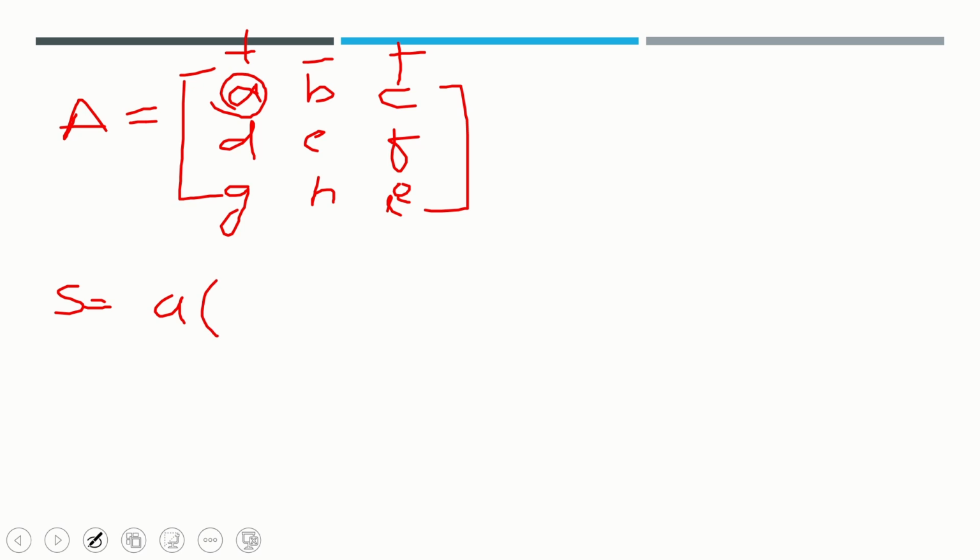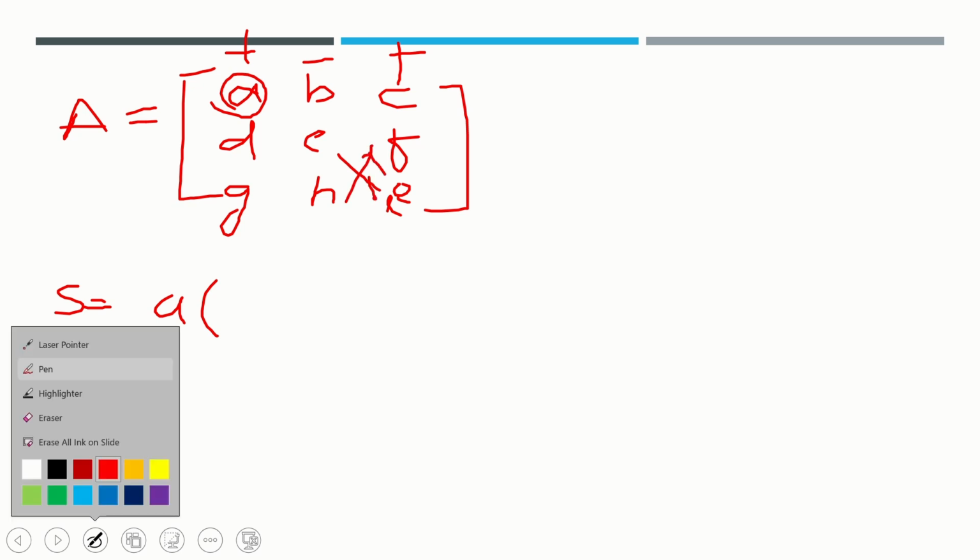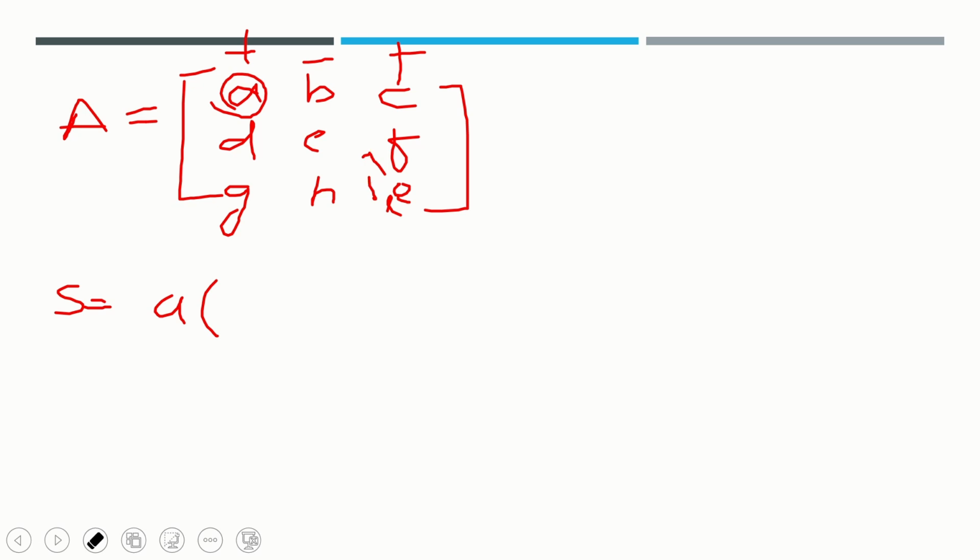If you are finding the determinant, you are cross multiplying and subtracting it.